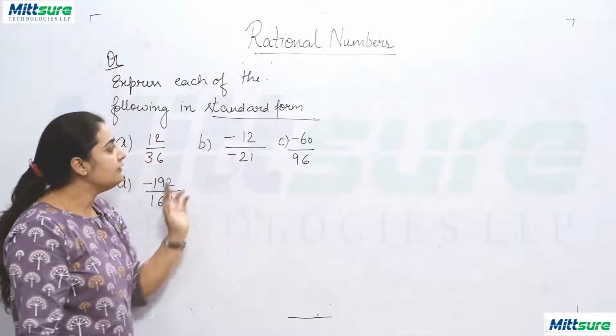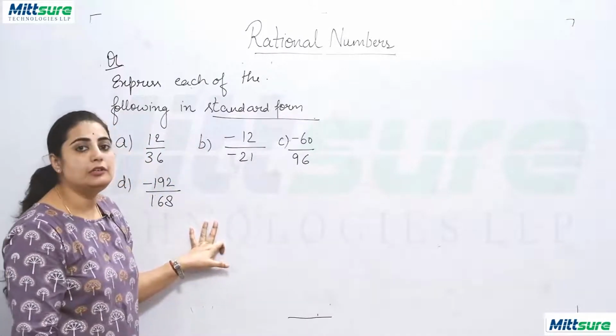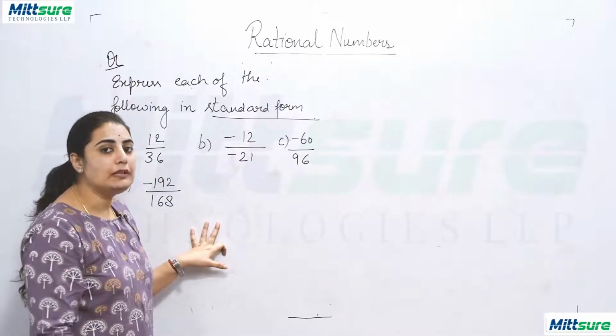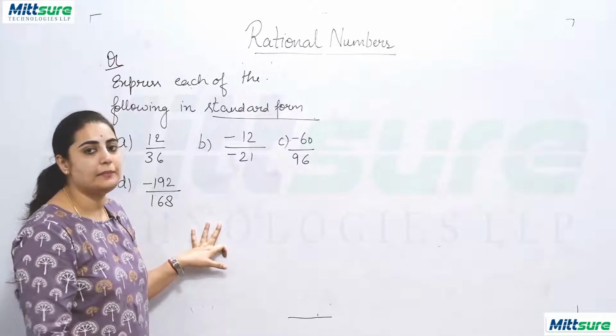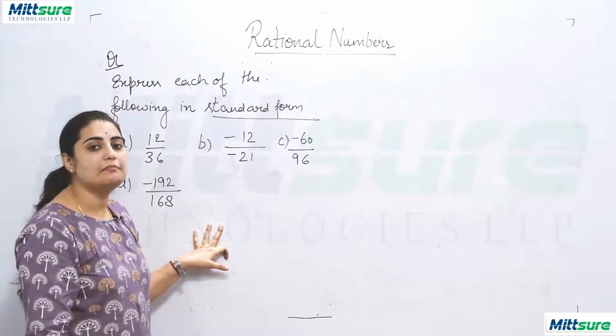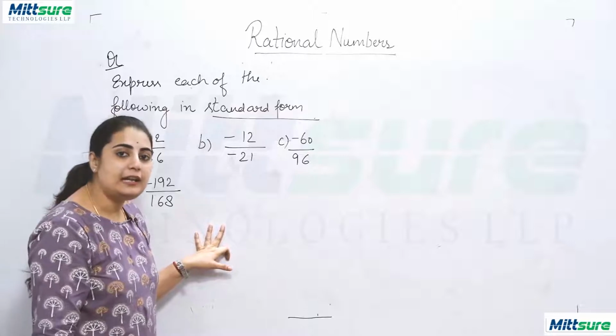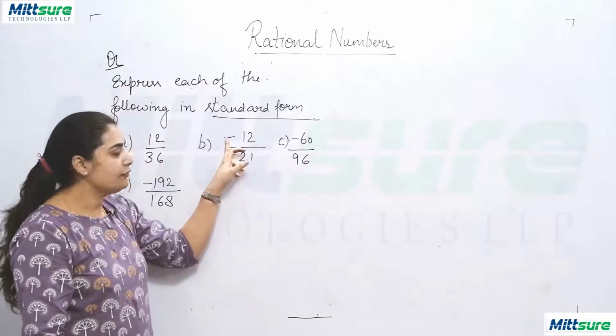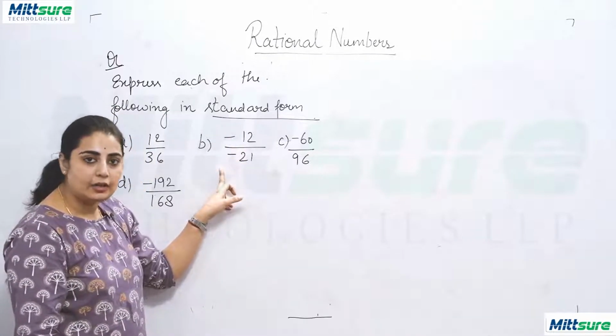Now to convert any rational number into standard form, we need to get the simplest rational number. And how do we get the simplest rational number? By finding out the HCF of the numerator and the denominator.